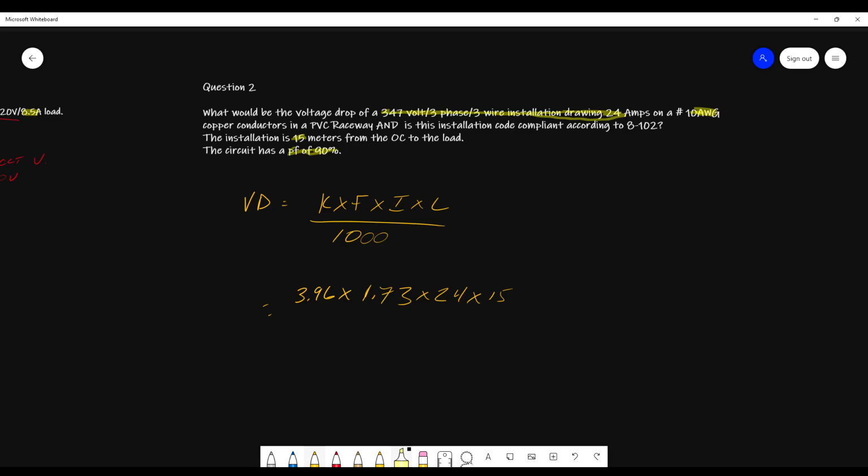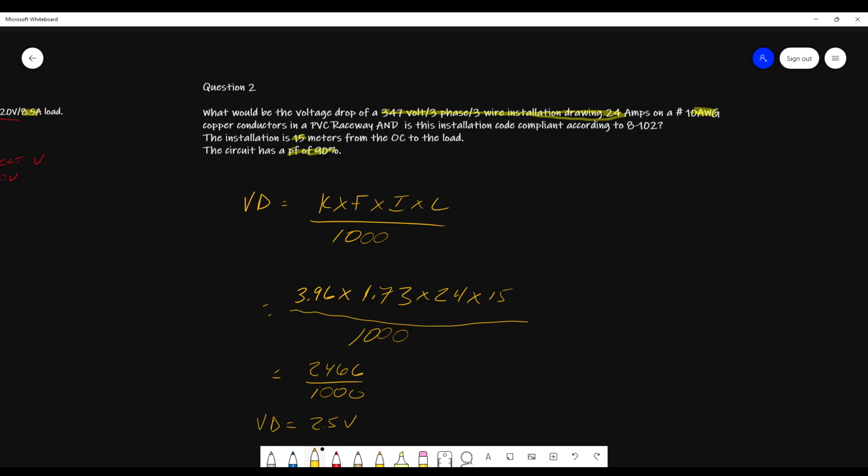Okay, so that's where we got all these values from. You calculate all that, divided by 1,000. I'm just going to round up. So basically you get 2466 divided by 1,000. And our voltage drop, the amount of voltage we will drop on this circuit is 2.5 volts.